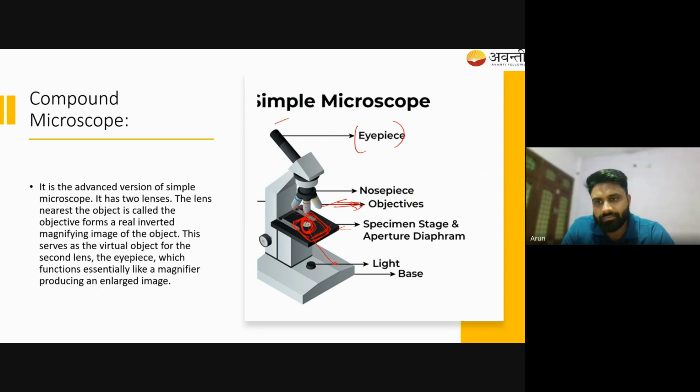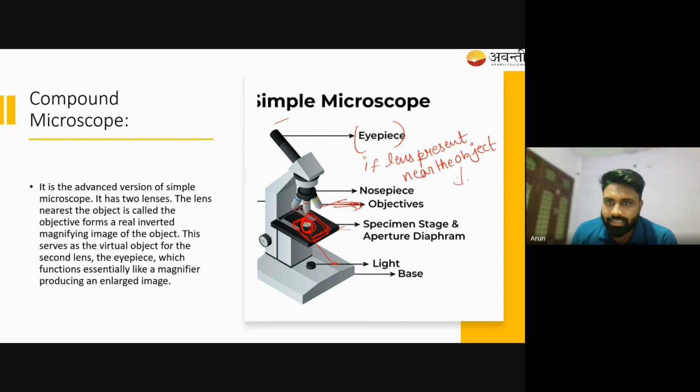This is the advanced version of the simple microscope. It has two lenses, one the eyepiece and another the objective. The lens present near the object is termed the objective lens, and the lens near the viewer, who is seeing that image, is called the eyepiece.